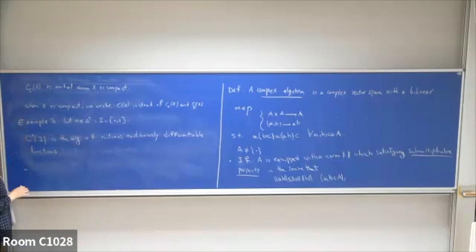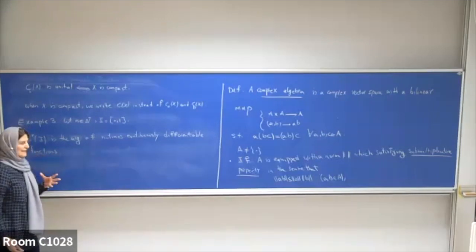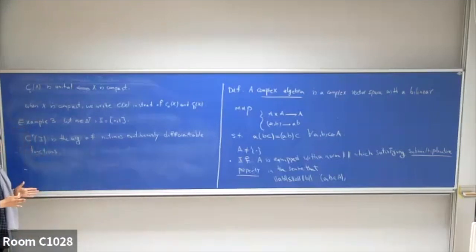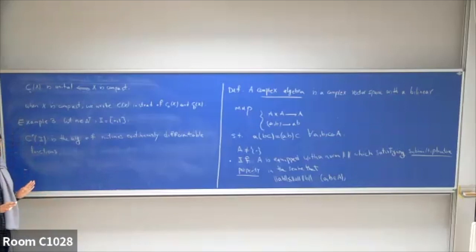And it's a subalgebra of C of I. If we consider the norm from C of I, the sup norm, it's just a norm algebra, but not a Banach algebra. Actually, because of the Stone-Weierstrass theorem, Cn of I is dense in C of I, and so we have just a normed space, not a Banach space, and so just a norm algebra.